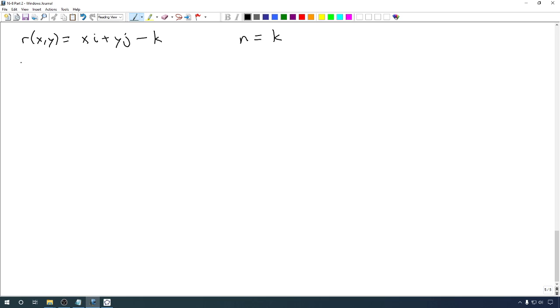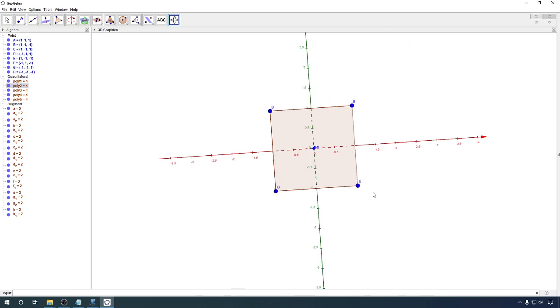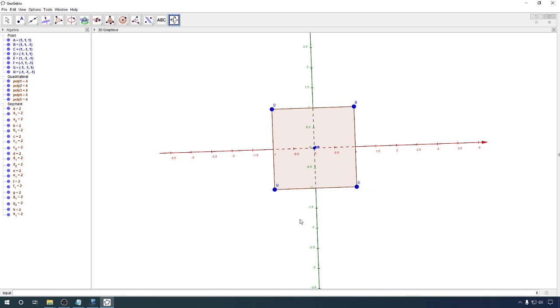And so that means our surface integral over S2 of the curl of f dot dS is going to be the integral from negative 1 to 1 and negative 1 to 1. Those are what our x and y are doing. They're going from negative 1 to 1 in both cases.